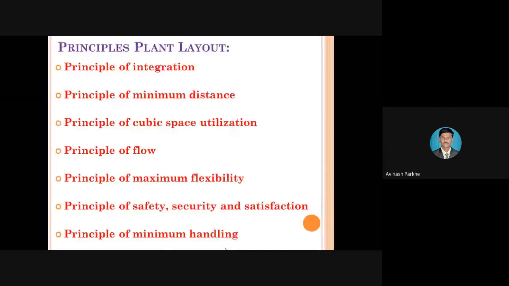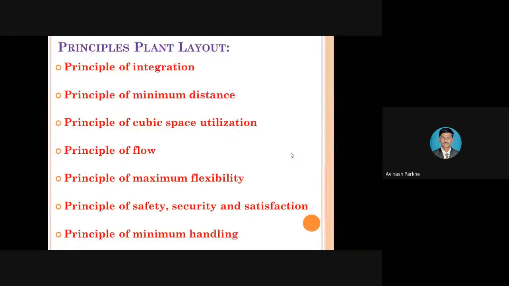The small components should be handled by the operator or worker only, and all the remaining medium or heavy duty components should be handled using material handling equipment, which includes trolleys, trucks, tractors, and cranes. So this is related to the last principle, the principle of minimum handling.